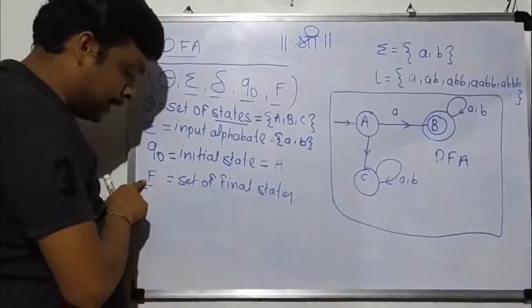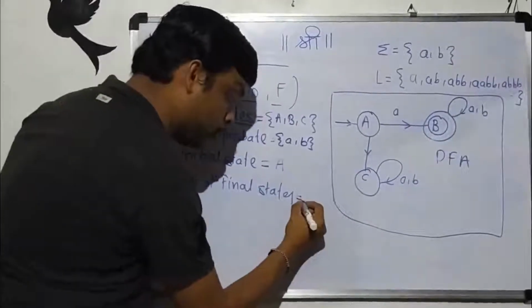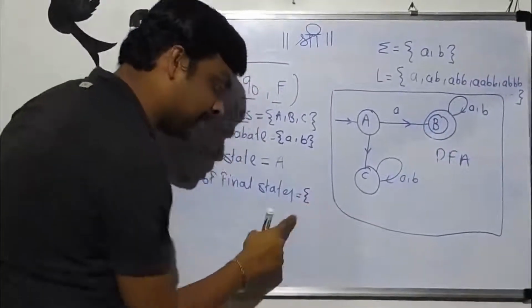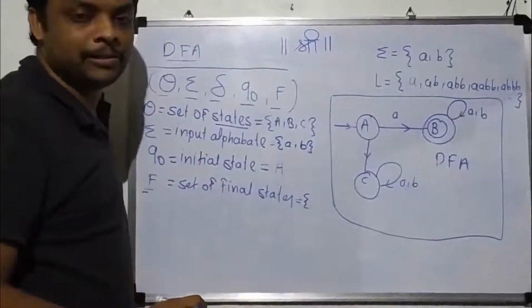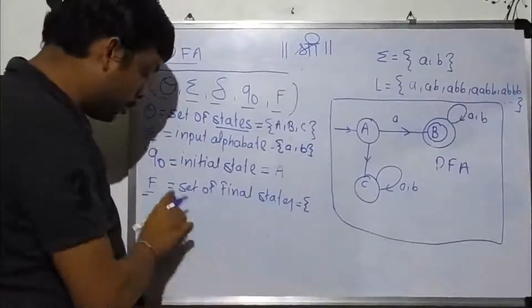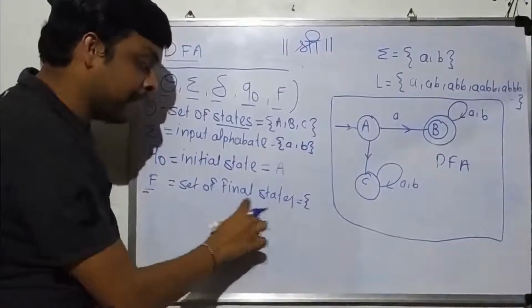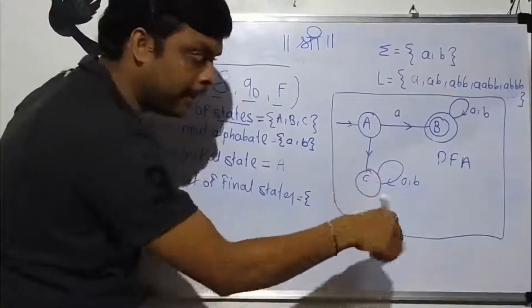Okay, next tuple, that is F. F represents the set of final states. So it is a set, and as we have already studied in discrete structures, if it is a set, then we have to write it in curly brackets. How many final states are there? How to identify them?